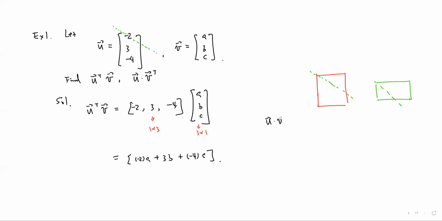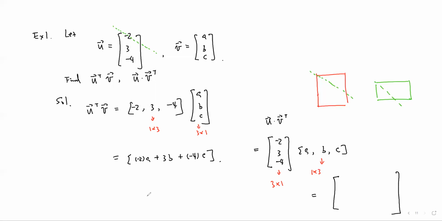Now U times V transpose. Now this time, the first matrix is 3 by 1 and the second matrix is 1 by 3. The result is 3 by 3, cancel the middle 1. So it is a 3 by 3 matrix.